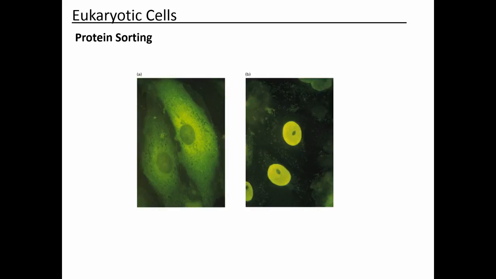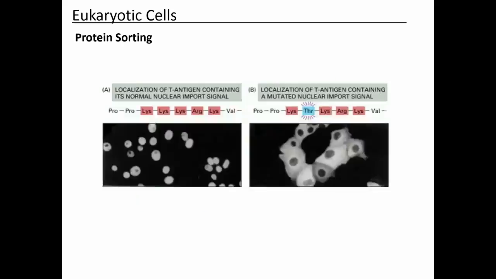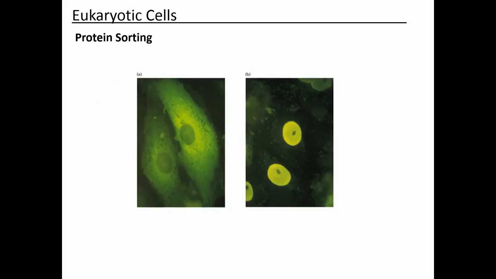So what that leads us to is one of the things involved in protein sorting, these things called sorting signals. One example of a sorting signal would be the one we just discussed. You don't have to memorize the specific amino acid sequence, but that would be a sorting signal that determines that the protein's supposed to go to the nucleus.